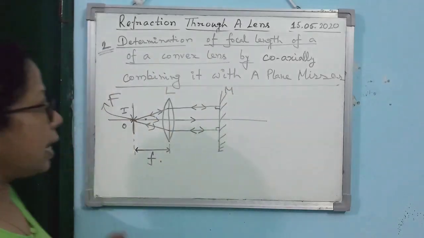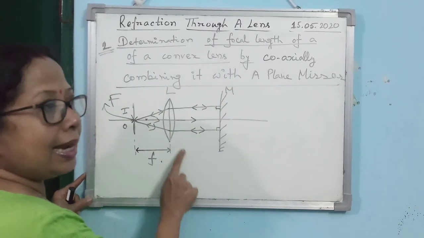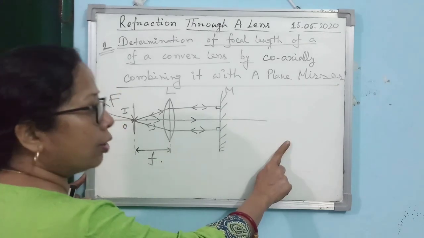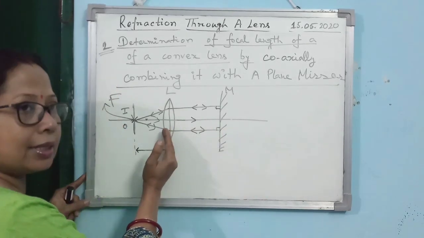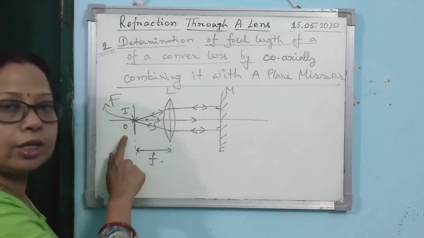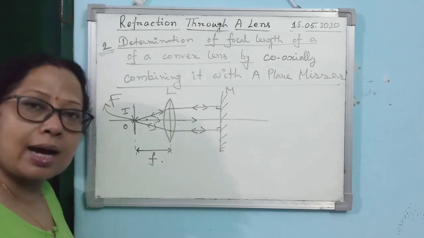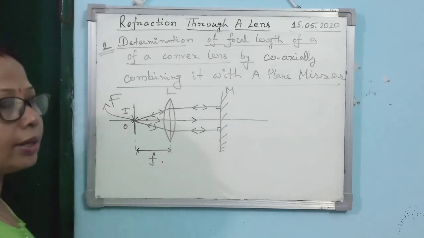So understand what the question is. If the mirror is taken away from the lens or brought towards the lens, will there be any change in the position of the image and the focal length? So look at the diagram, first understand the answer, understand the physics, then you will write down the answer.